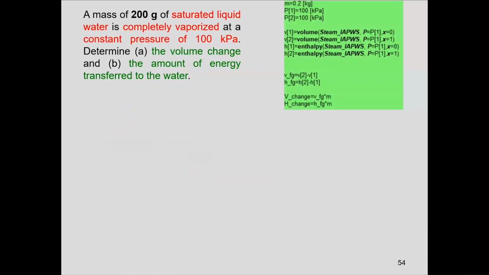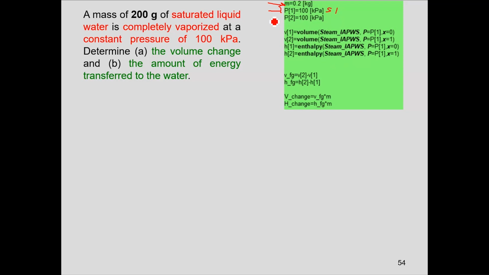In order to do so, we have written this program. We say that the mass is 0.2 kg. We have specified two rows now, one for state 1, the other for state 2. Column P row 1 specifies the state 1 pressure, which is 100 kilopascal. Column P row 2 specifies the pressure for the second state, which is 100 kilopascal.